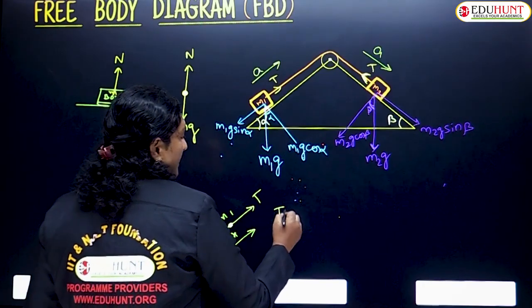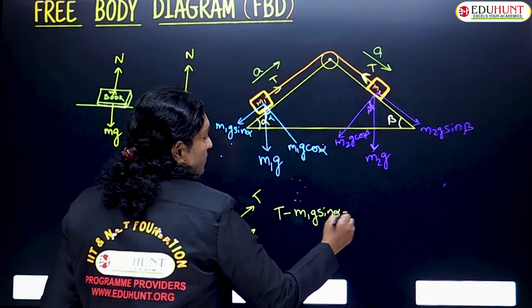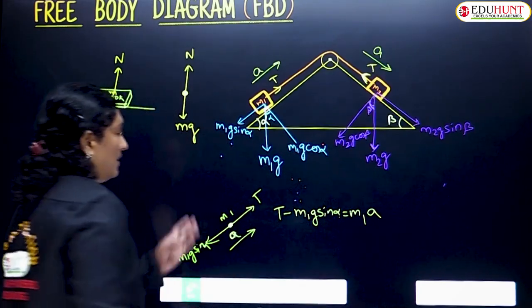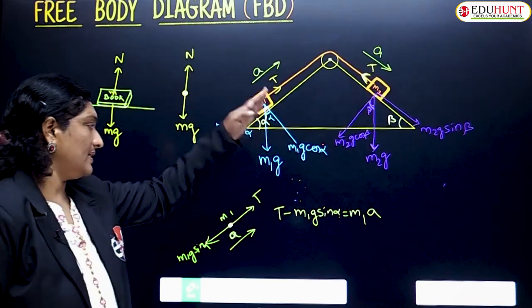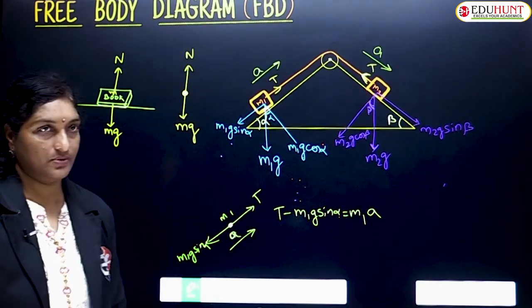That means T minus m1g sin alpha equals m1a, because it is accelerating upwards, upward force minus downward force is equal to net force.